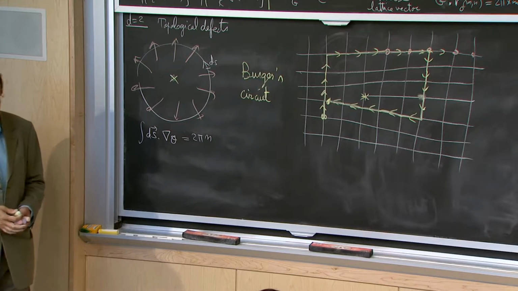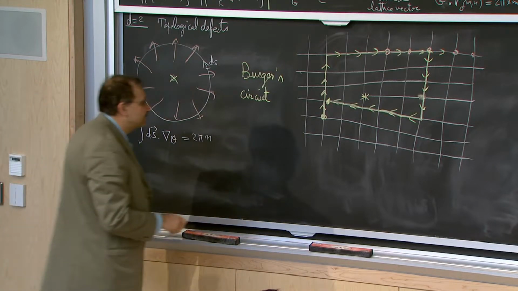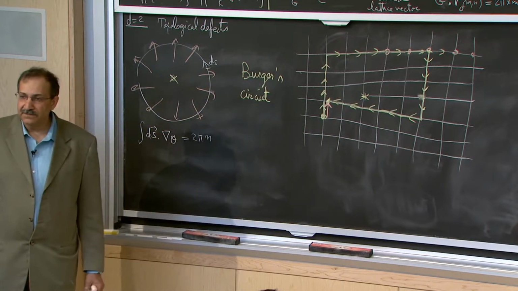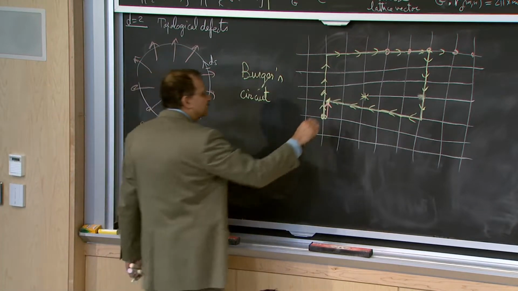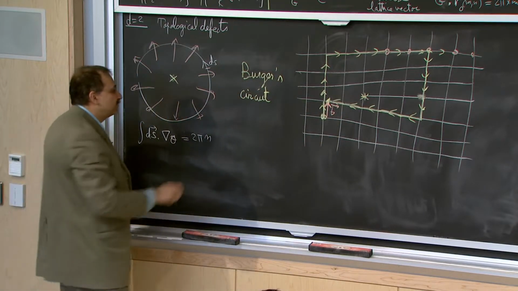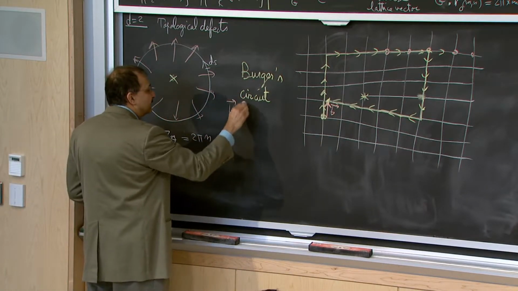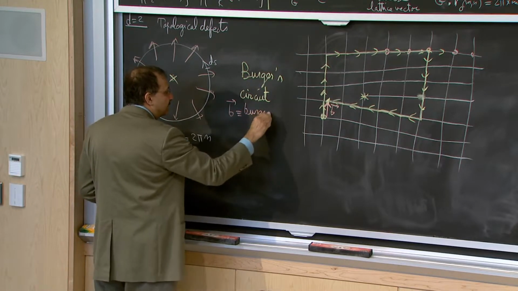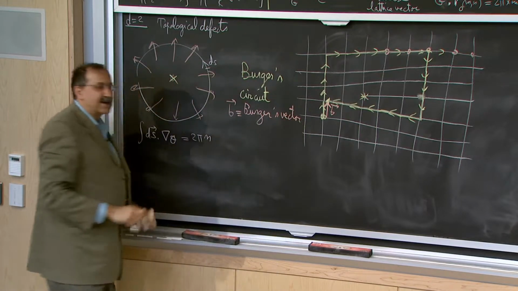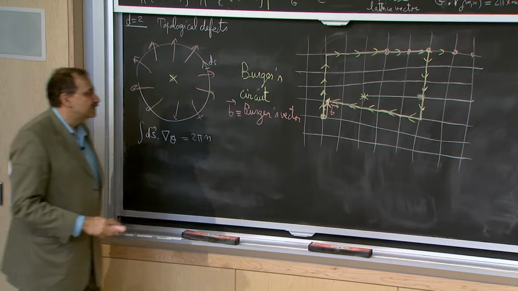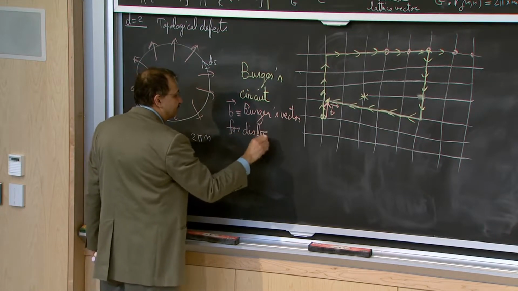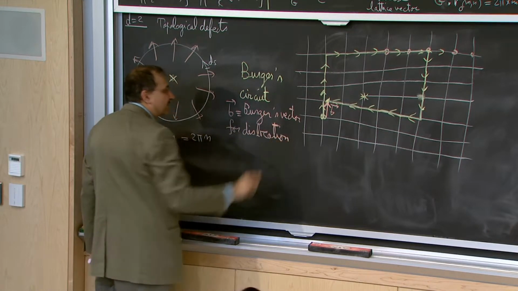And the failure to close my circuit has to be a lattice vector, right? And this is called b, and is called a Burgers vector, that characterizes this defect, which is called a dislocation. Okay?